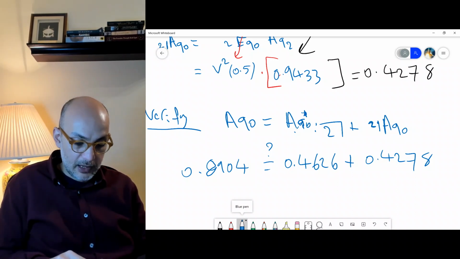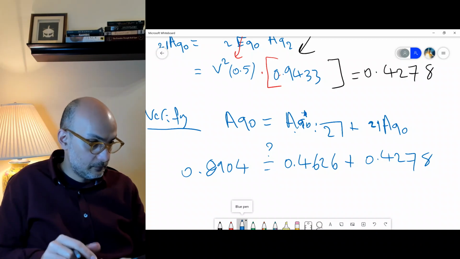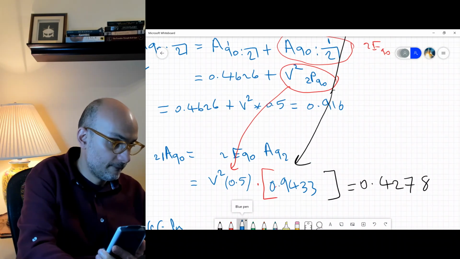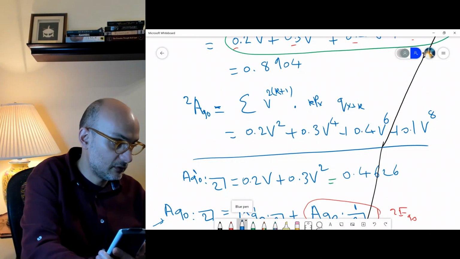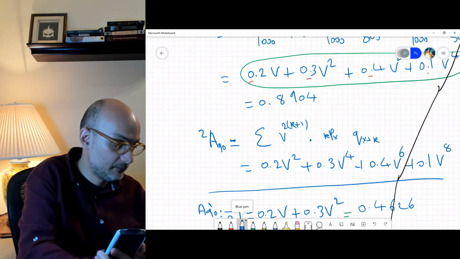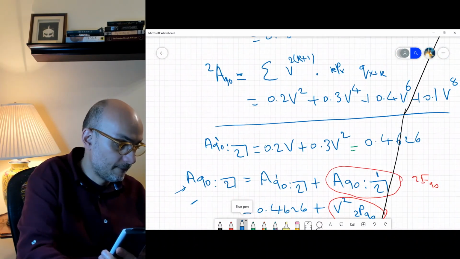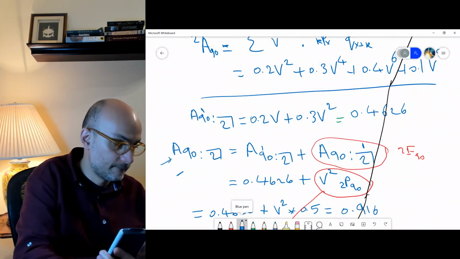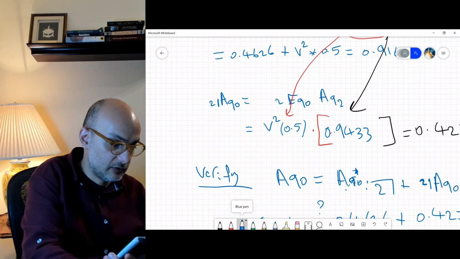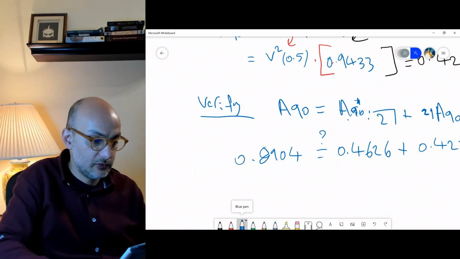It's good that I have them saved on my calculator. 4, 6, 2, 6. Let's double check because on my calculator I have a different number. Why don't I have 4, 6, 2, 6?